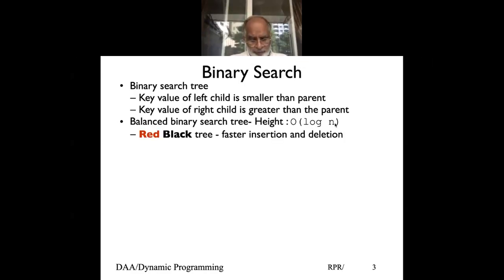Now there are different kinds of binary search tree. One is called red black tree, other is called AVL tree. Each has a different property or different purpose. Red black tree basically gives you faster insertion and deletion, but not so much faster search. Whereas AVL tree gives you faster search.